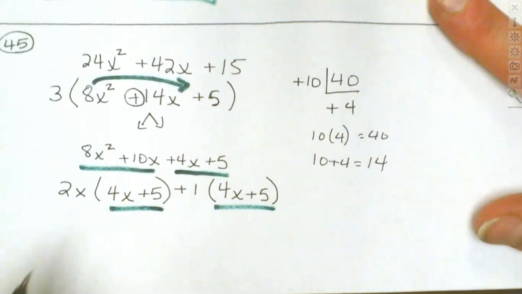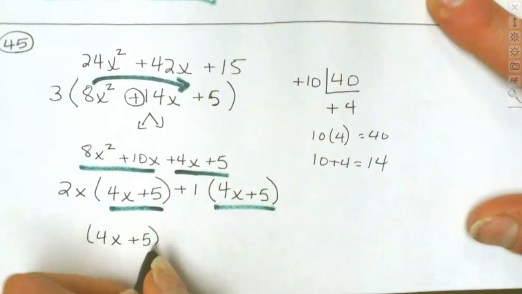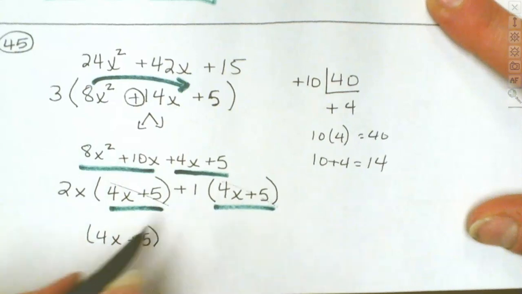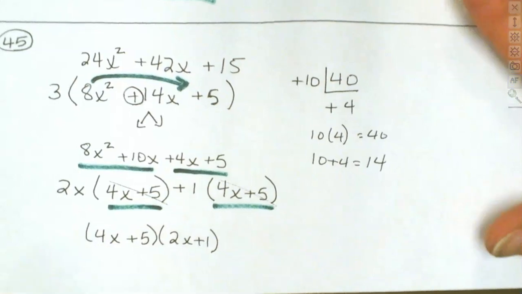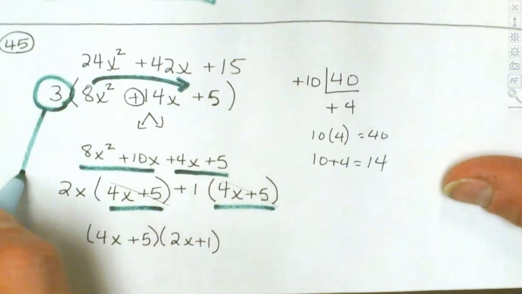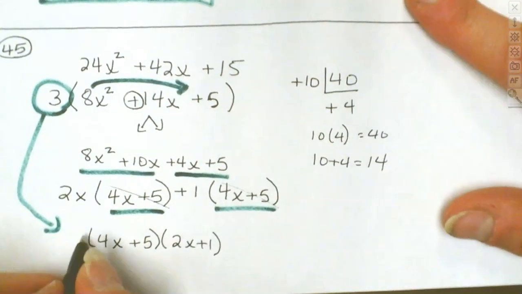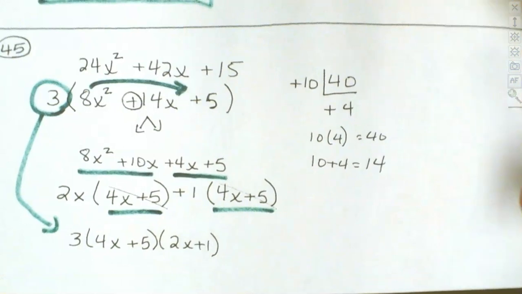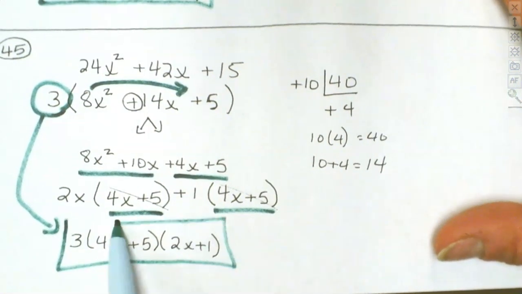And that leaves you then with a 4x plus 5, gone, gone. 2x plus 1. And do not forget, what did we factor out? We factored out a 3. So there now is your fully factored, finished answer.